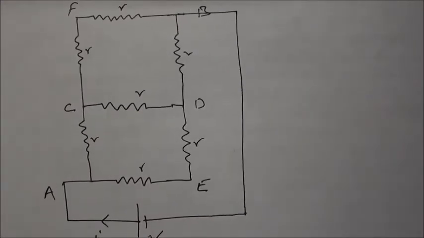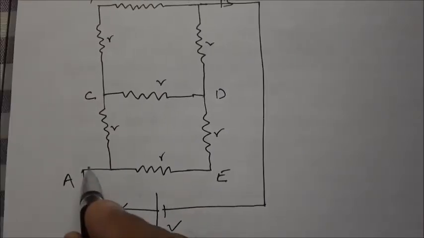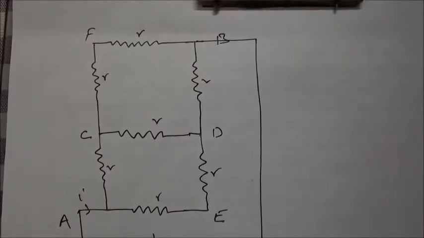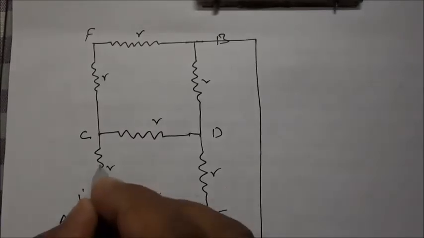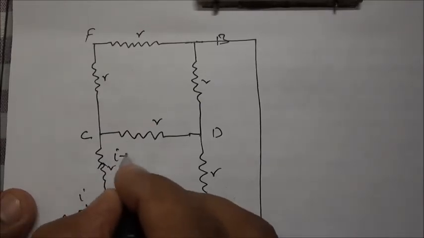Now I have to find out the value of V by I, that will be the equivalent resistance. So from here I current, this is I, and now again let us make the current distribution. Let me say I1 current goes through here. So through this point we will have I minus I1.